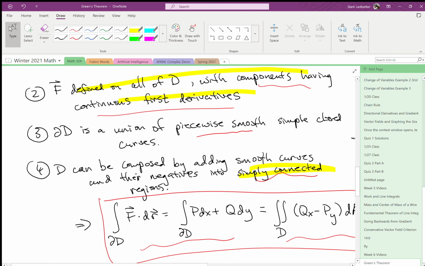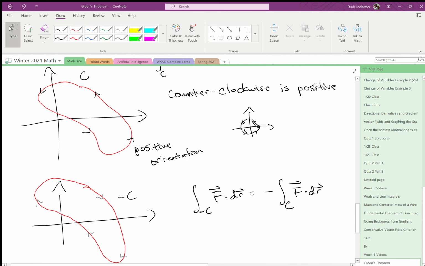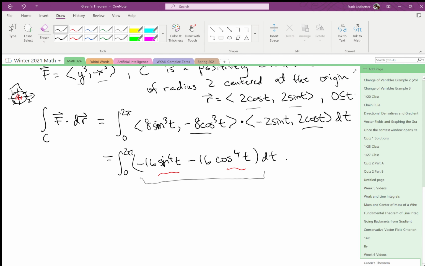The boundary is a circle, so it's just a smooth, simple, closed curve. So it's certainly a union of piecewise simple, smooth, closed curves, and the region can certainly be composed by adding those curves. And it's simply connected. Everything was nice about it, which we probably suspected starting with a circle. So Green's theorem applies.